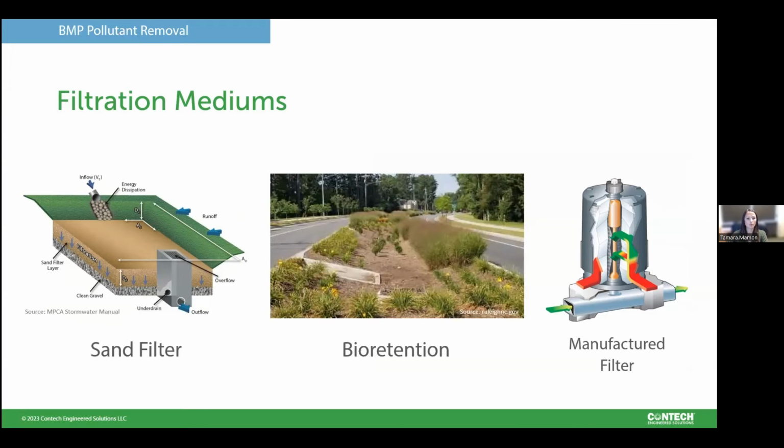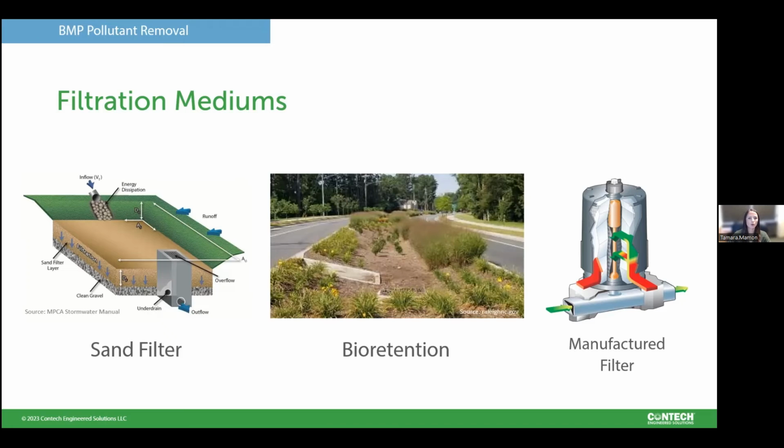As you can see from the pictures, they are at grade. Sand filters don't always need to be at grade. Sometimes they are below, but it is a top-down flow path of the water for the filtration. When you get into a manufactured filter, the flow paths are slightly different and you get a more efficient system, which we will get into the benefits of a little bit later.